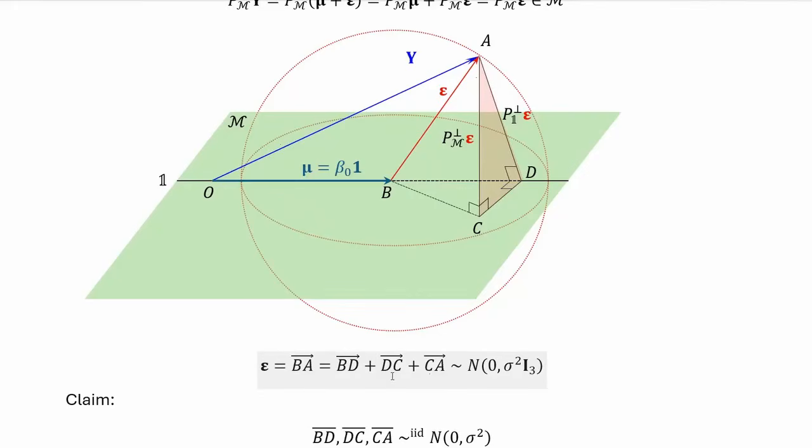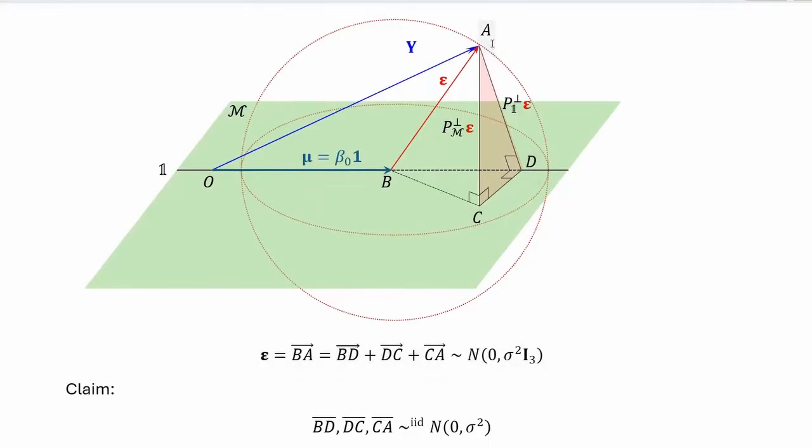And now it just remains to show that BD and DC are perpendicular. Here they are, BD and DC. And to do that, we use our construction that AD is perpendicular to the line 1. DC can be written as AC minus AD. BD dot product with DC is BD taking the dot product with AC minus BD times the dot product with AD.